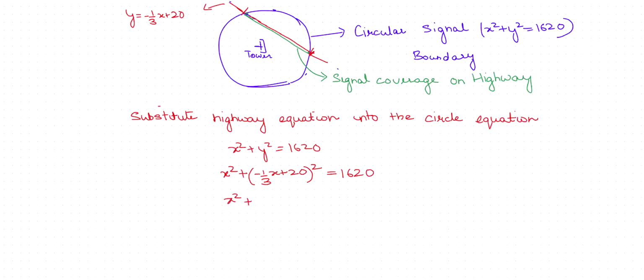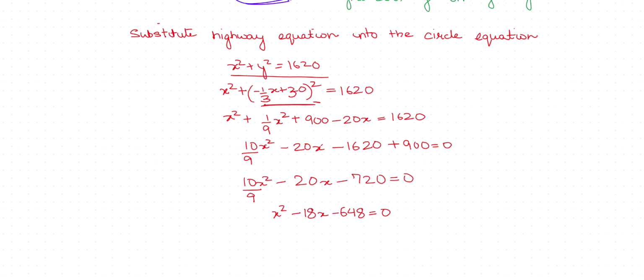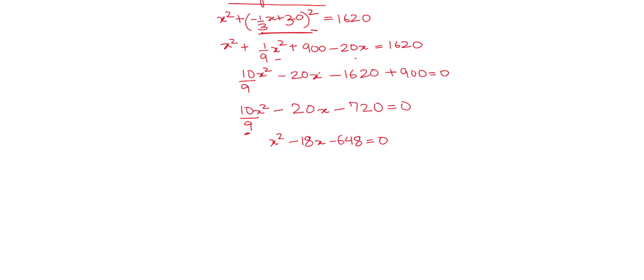So we substitute the highway equation, simplify, and multiply by 9 to get rid of the 9. Now if we factorize, this will give us x squared minus 36x plus 18x minus 648.